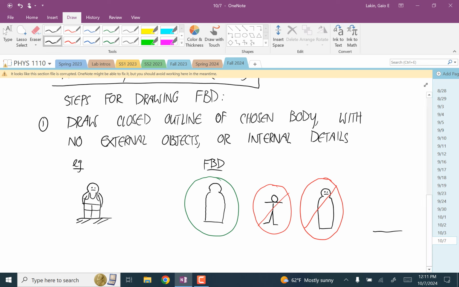Or the last one is this. And you don't want to do that because the grass and the ground is not included in what we're isolating. And so we don't want it in there. No external objects.